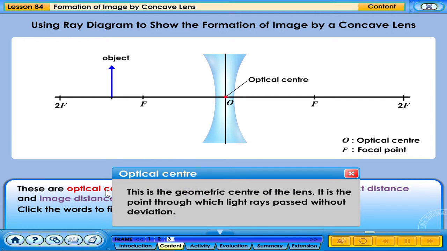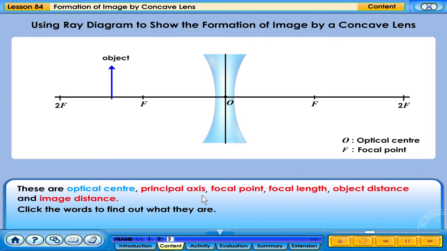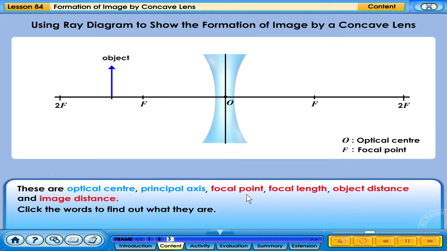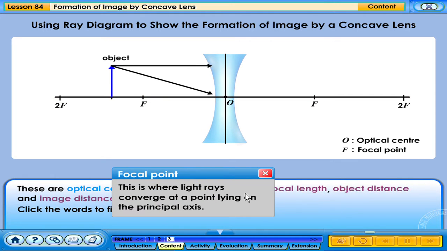This is the geometric center of the lens. It is the point through which light rays pass without deviation. This is the line passing through the optical center and is perpendicular to the plane of the lens. This is where light rays converge at a point lying on the principal axis.